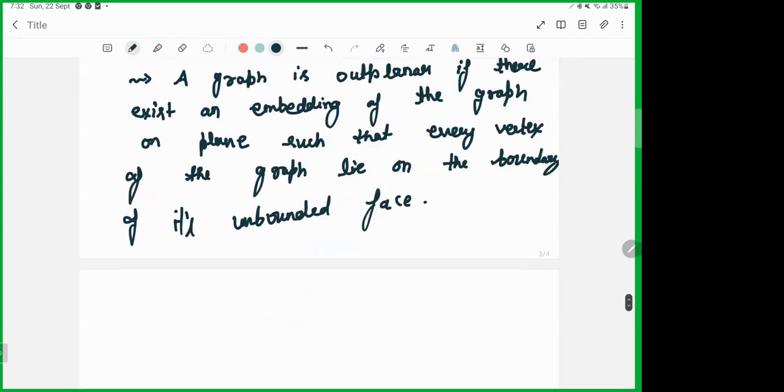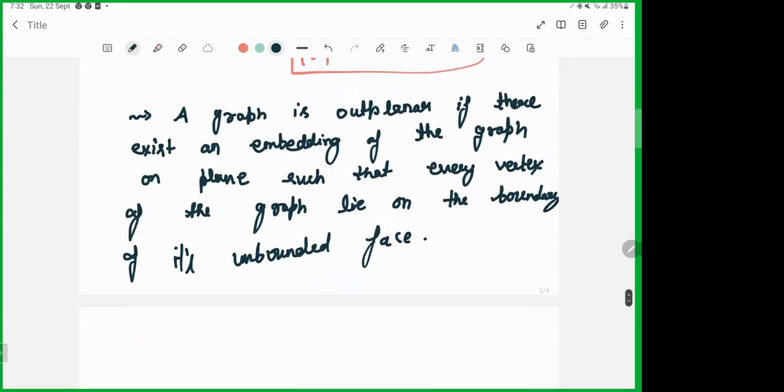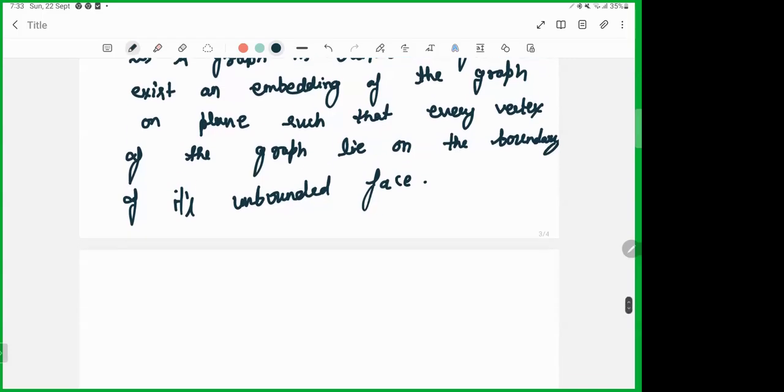This is the definition of an outerplanar graph. So a graph is outerplanar if there exists an embedding of the graph on the plane such that every vertex of the graph lies on the boundary of its unbounded face. So what is the problem?